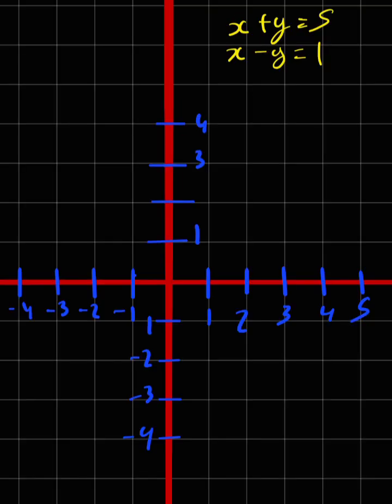To solve it graphically, first I will take this first equation right here. I will say that x is equal to 1. This is equation number 1, this is equation number 2.